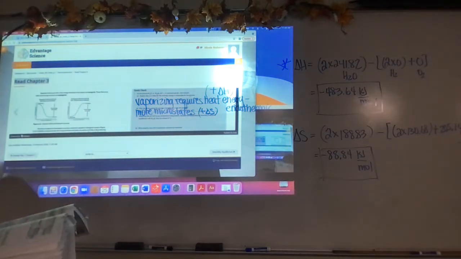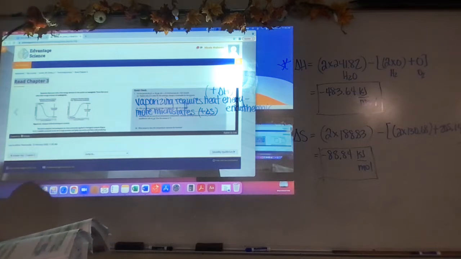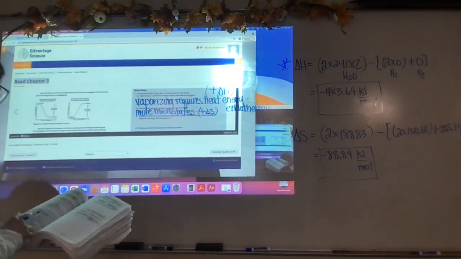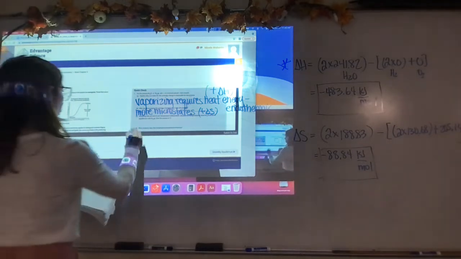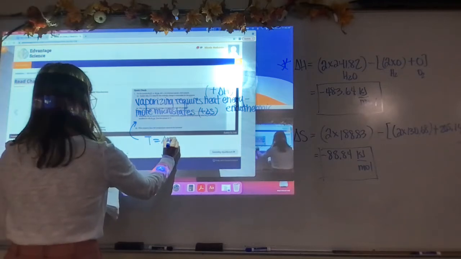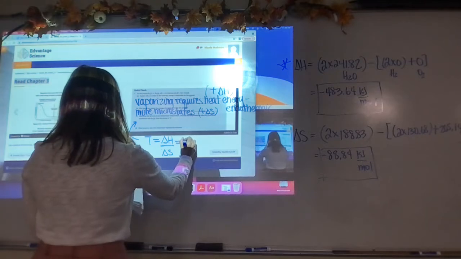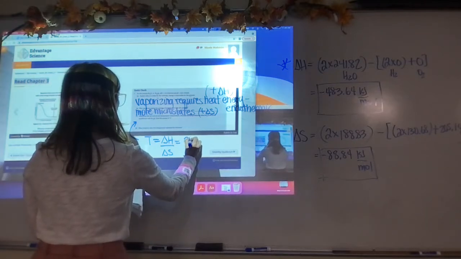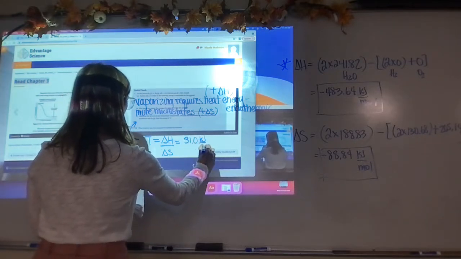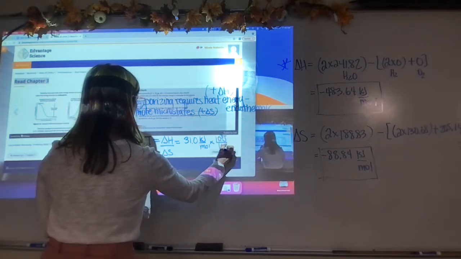C, assuming delta H and delta S are temperature independent, calculate the temperature at which liquid bromine will be in equilibrium with bromine gas. Give the answer in degrees Celsius. So for C, your temperature is going to be equal to delta H divided by delta S. Since we've got 31.0 kilojoules per mole, we should probably convert kilojoules to joules.